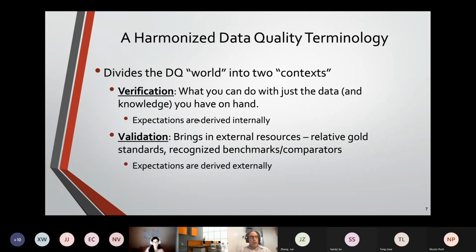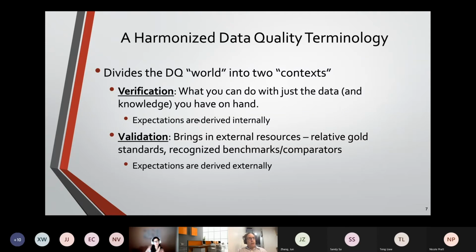And verification is that very first level of data quality assessment that one typically does using your own data and taking a look at your own metrics and sort of saying, do I look okay relative to what I expect for my organization? It's very much a single organizational perspective.